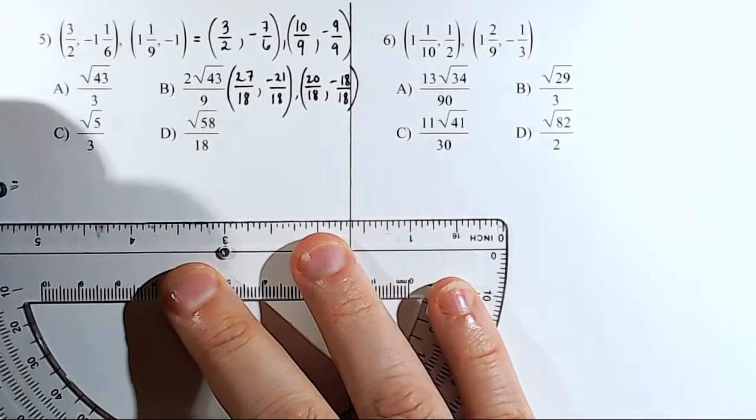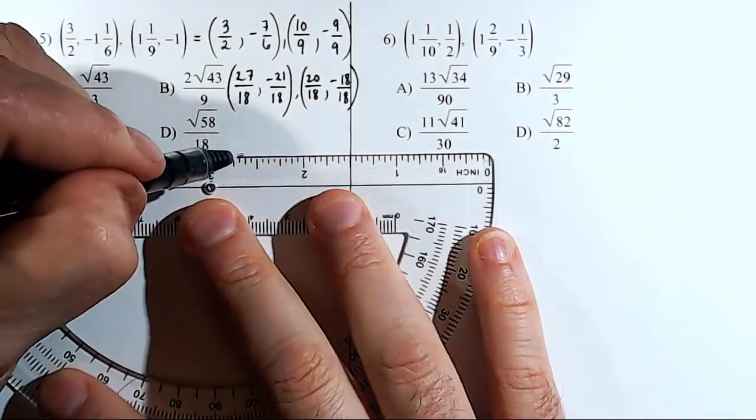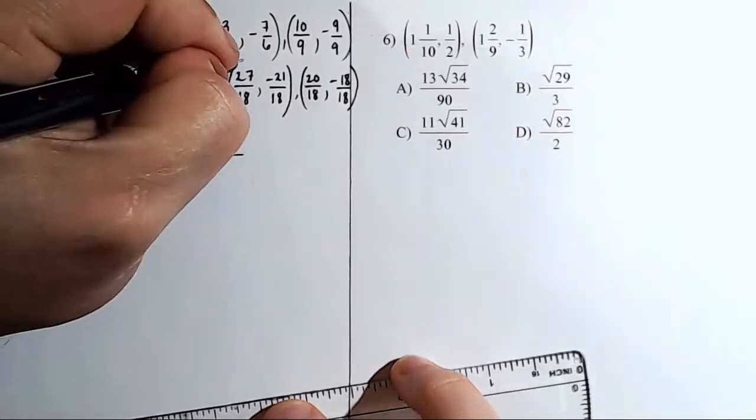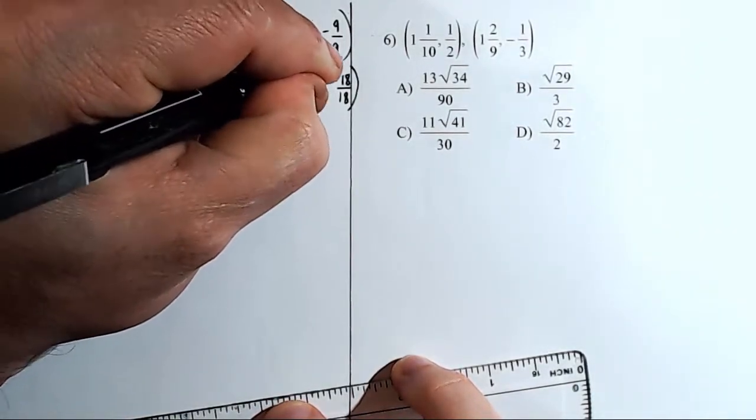D equals the square root of, big square root. And now I should label the points x1, y1, x2, y2.